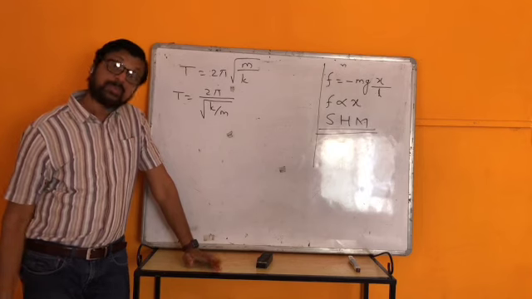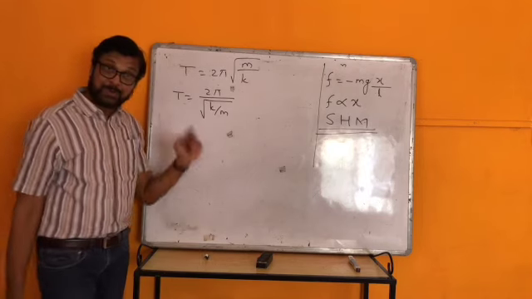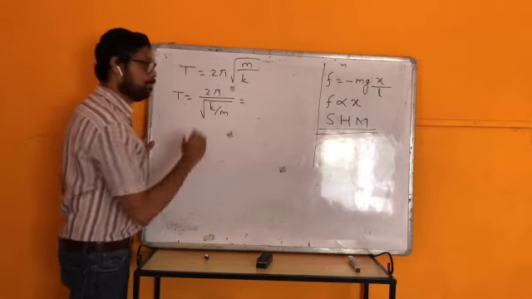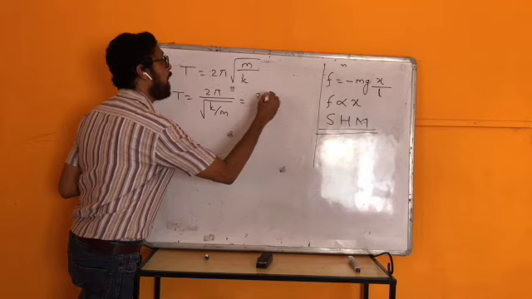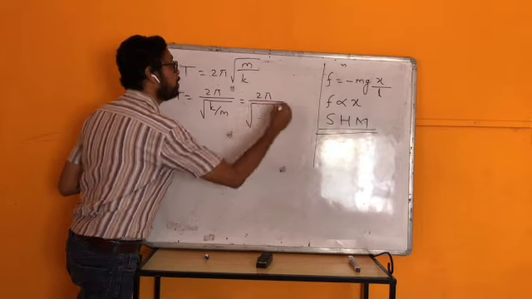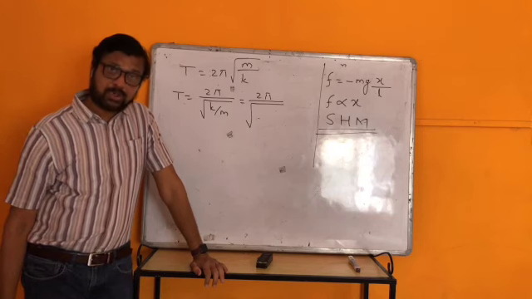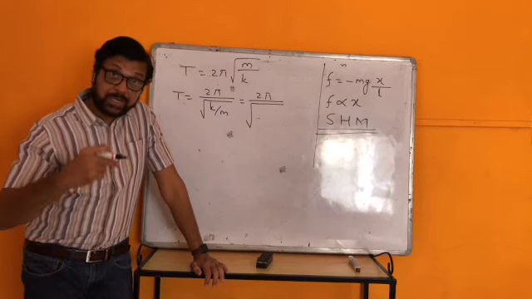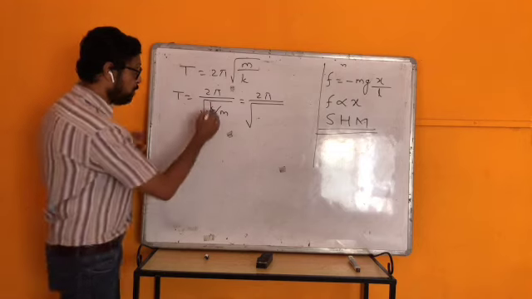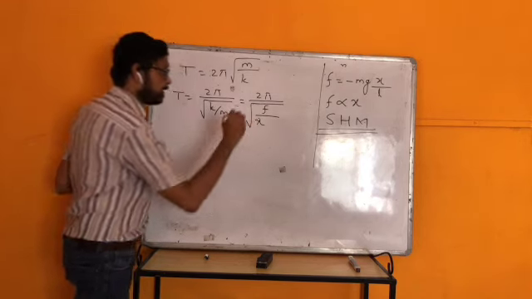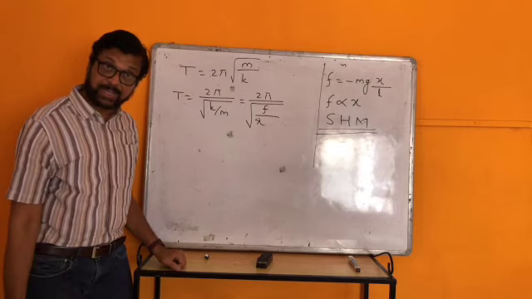What is the meaning of k? Force constant, force per unit displacement. So in place of this k, we can write F by x, force per unit displacement.